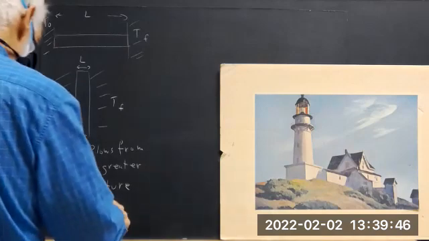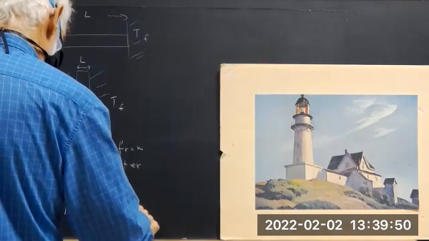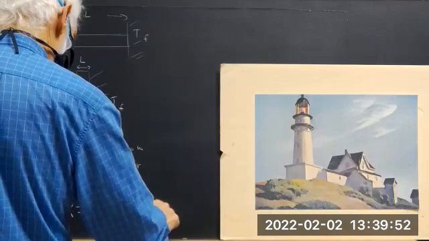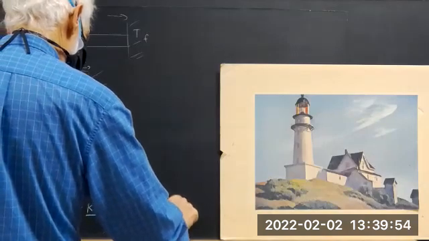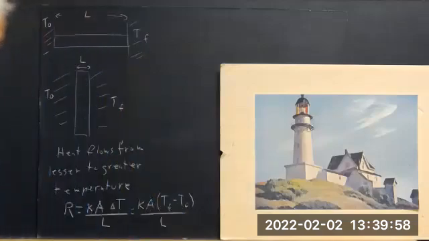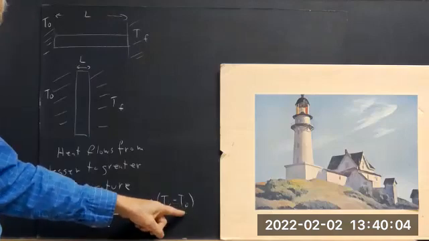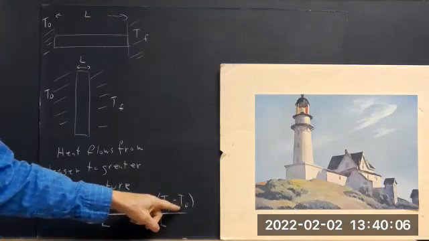And then the other thing is your delta T. Now, notice if TF is less than T naught, then this is going to be negative, right?